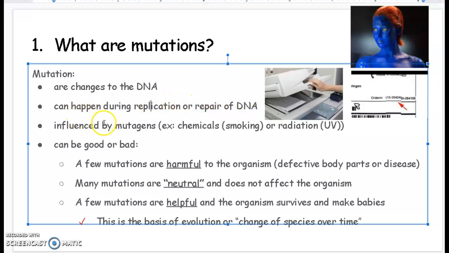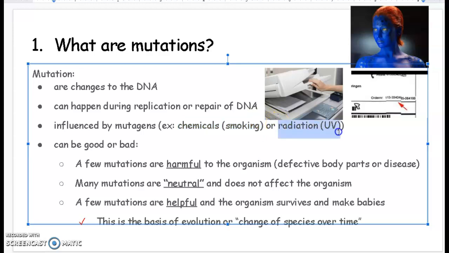And so this is where we introduce our word, mutagens. Mutagens can influence whether or not DNA is correct. So an example is, I'm sure some of you have heard of smoking. Tobacco, or just smoke in general, have the harmful effect of causing DNA damage.